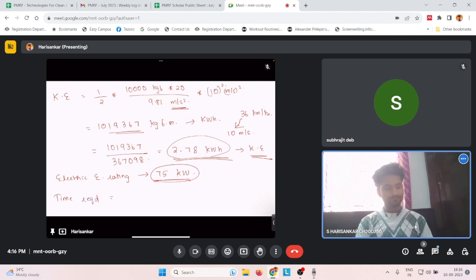We just divide these two. So time required will be 2.78 kilowatt hour by 75 kilowatt. The kilowatt and kilowatt will get cancelled, and this will be 2.78 by 75 hours.